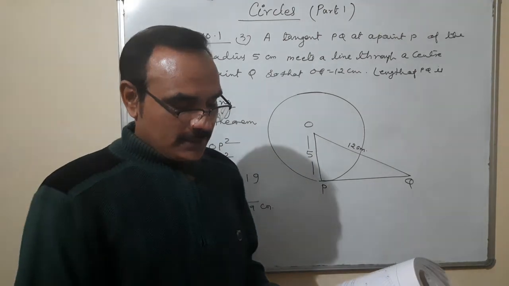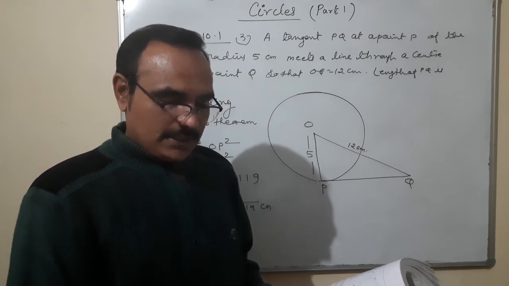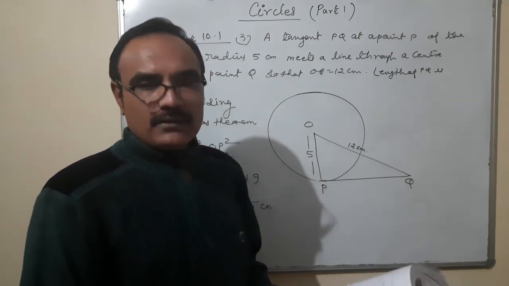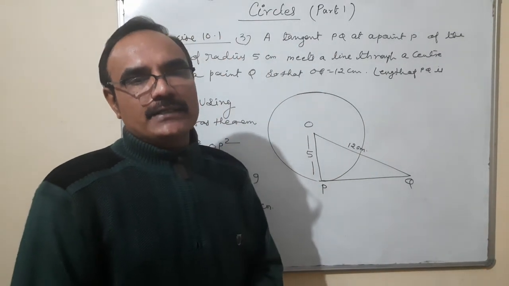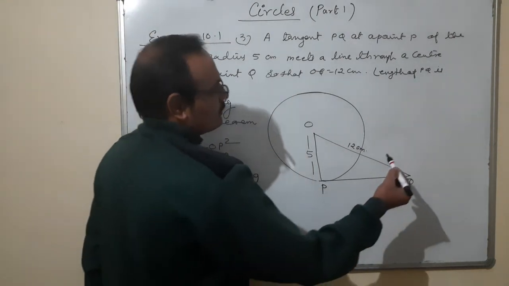Draw a circle and two lines parallel to the given line such that one is a tangent and the other a secant to a circle. Simply they are saying that we are going to draw two parallel lines. One is a tangent and the second is a secant to a circle. So we can simply draw a circle like this.